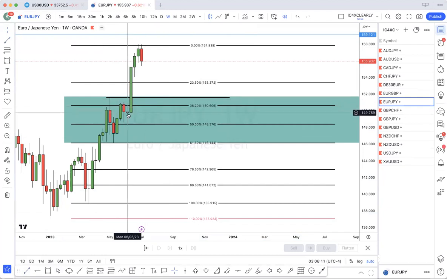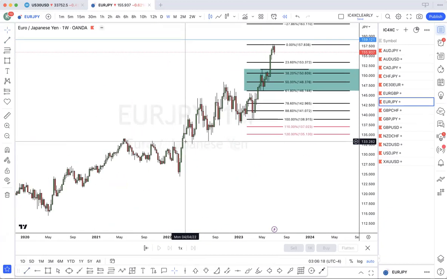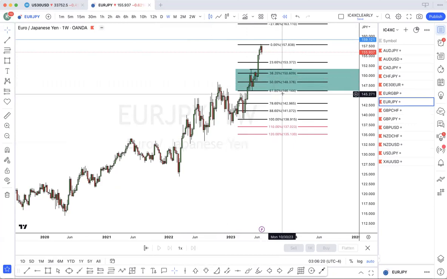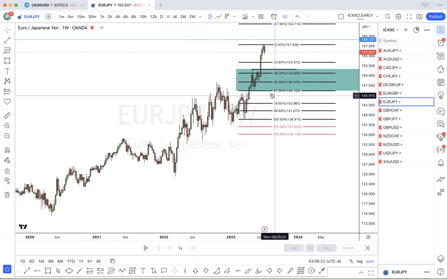Could pull back to 38, like we said, to this order block. It could pull back to the 50%. It could pull back to the 78. Maybe the 618. Feel this imbalance.